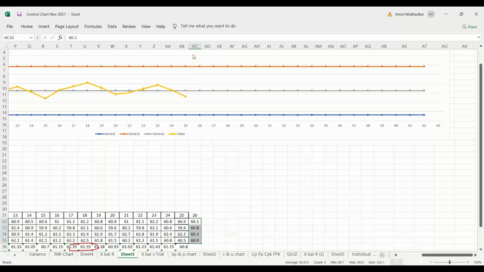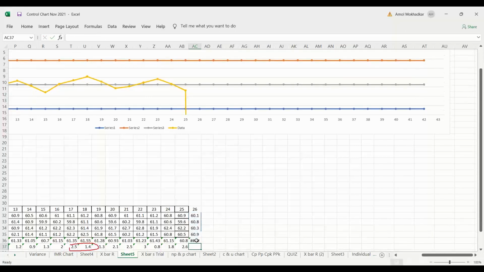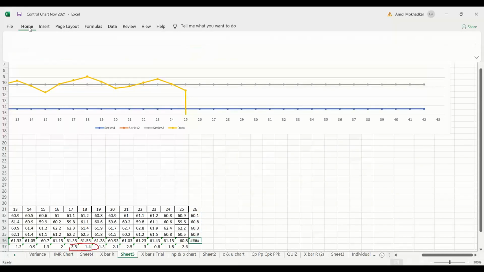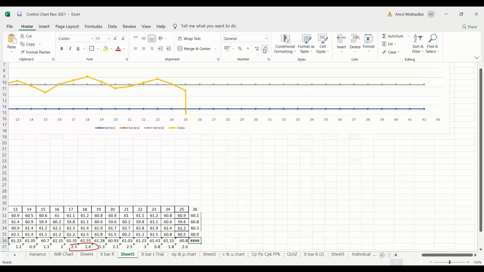What data you are going to plot here? क्या प्लॉट करूंगा मैं यहां पर? ये 4 रीडिंग का एवरेज प्लॉट करूंगा मैं. आई विल प्लॉट द एवरेज ऑफ दैट रीडिंग.